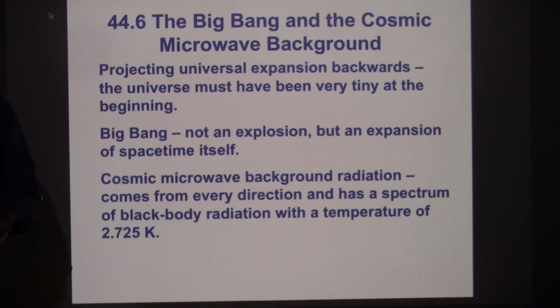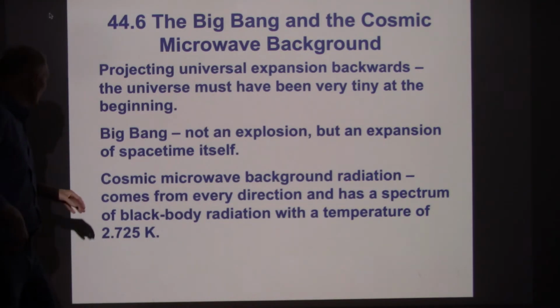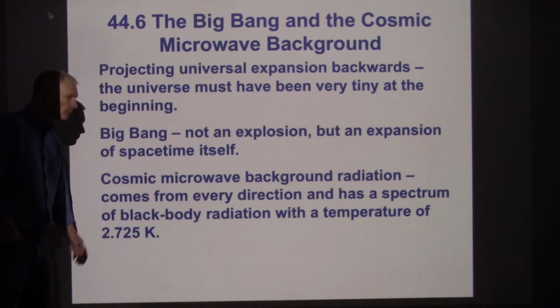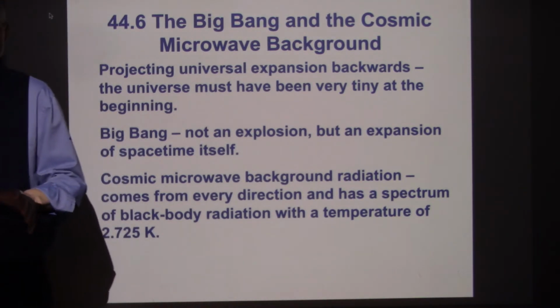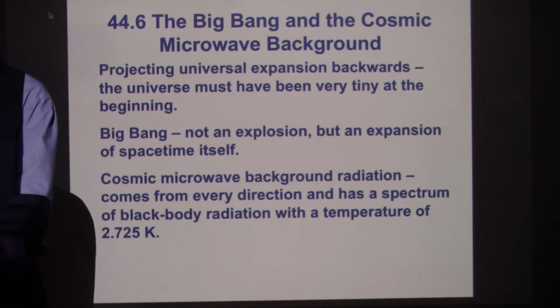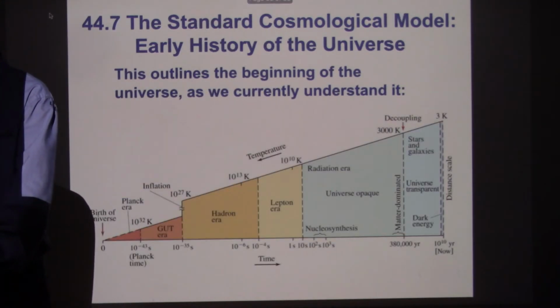But now they're 1,000 times cooler. And that has happened due to the expansion of space. So the expansion of space itself has led to a lowering of temperature, a lowering of energy of all of those photons left over from that very early phase in the universe.